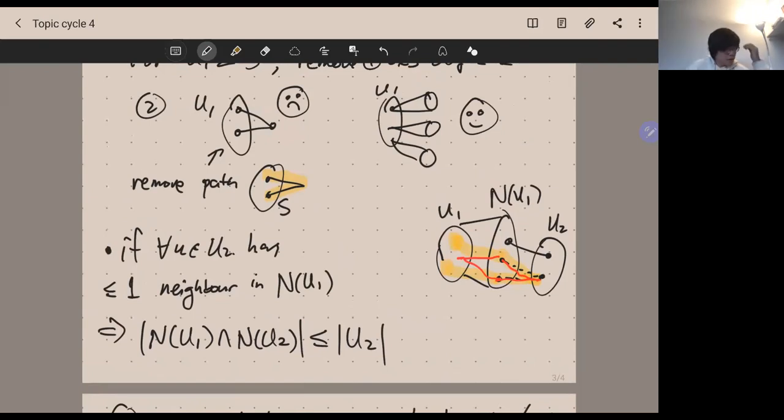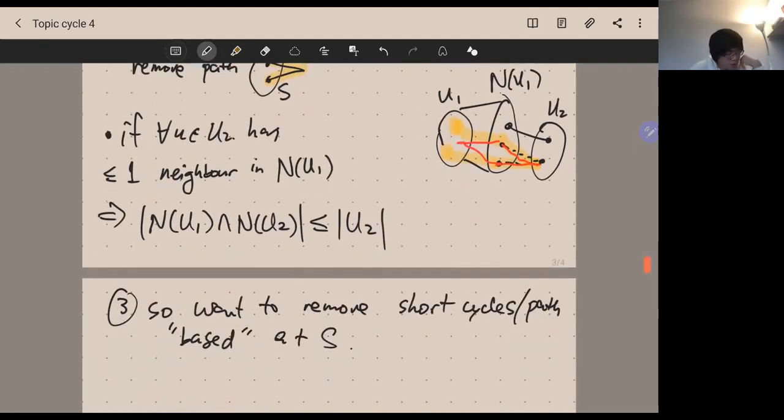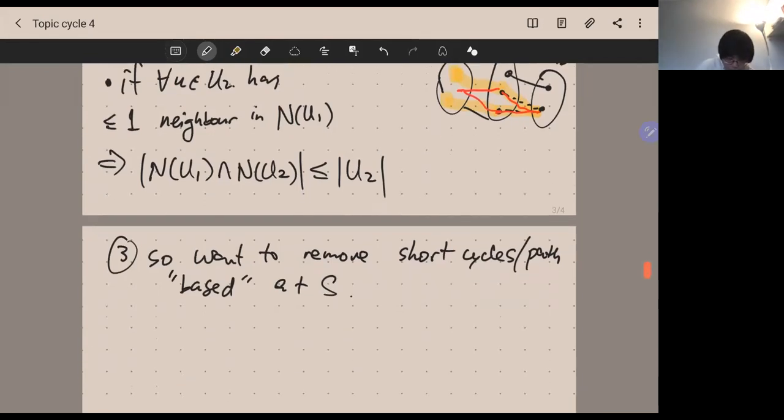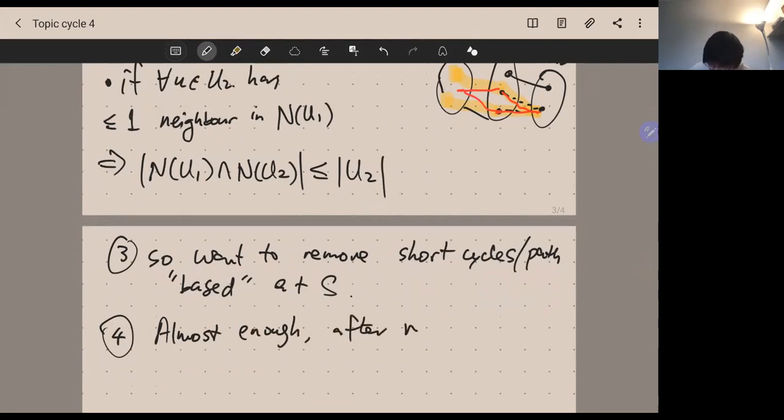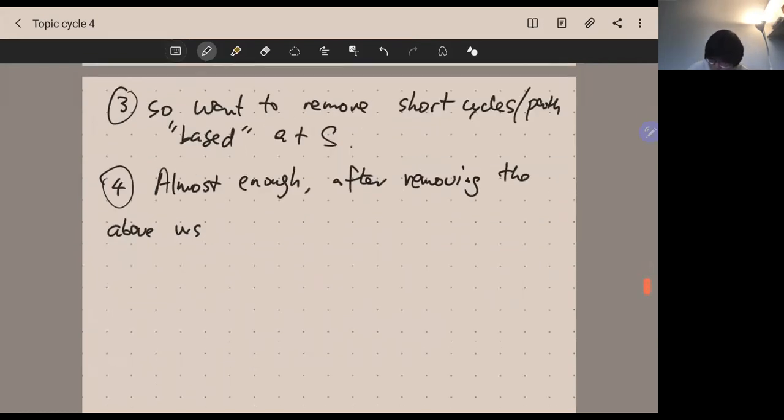Right. This set is almost enough, the set of vertices we removed. There's one last part I want to mention. After removing the above vertices, we remove a little bit.